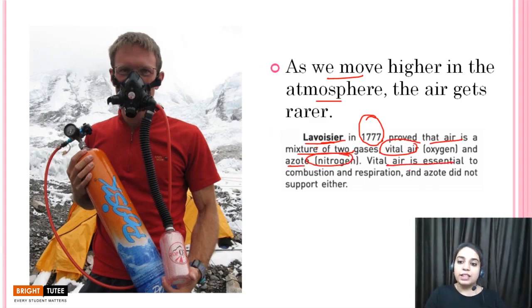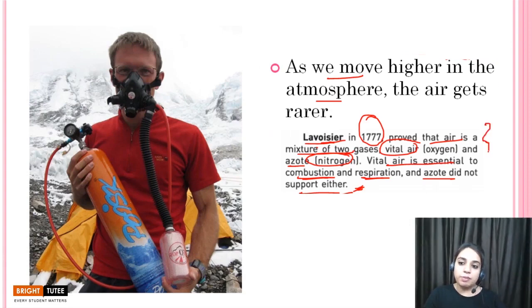The vital air which is oxygen is essential for combustion and respiration, whereas azote did not support either, because nitrogen is required by mostly plants and certain types of bacteria. Okay children, there are other roles for nitrogen which you are going to learn about in your higher grades. For now you need to remember that the most essential gas which is present in our atmosphere is oxygen, which is essential for us. Okay.